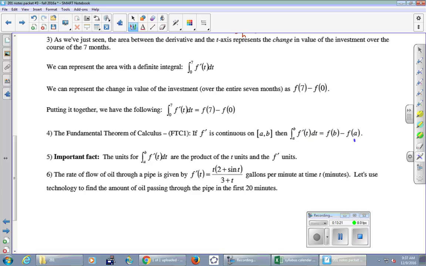Lots of symbols. How much was a in our example? A was 0, the bottom limit. How much was b? 7. This was 80 minus 100. That was the outputs. But the key here is that that is a derivative, and these ones here are original.